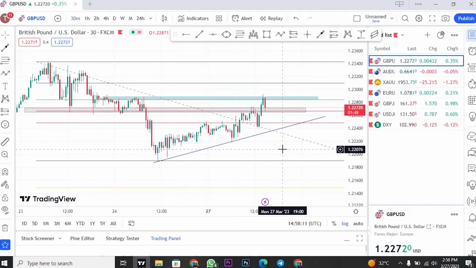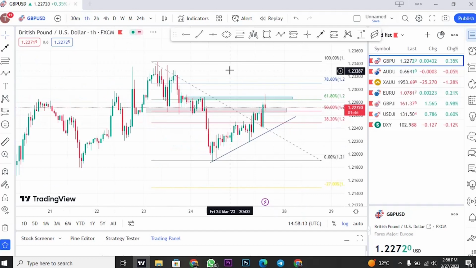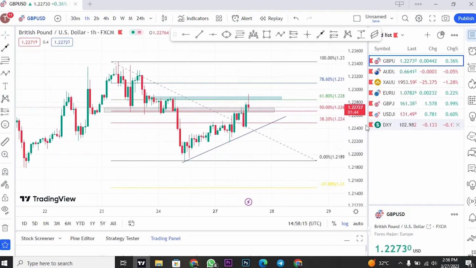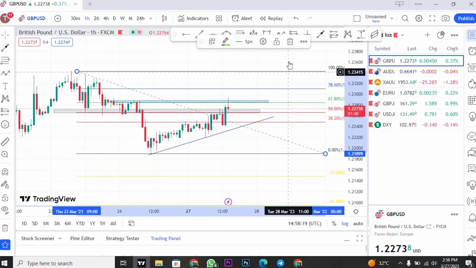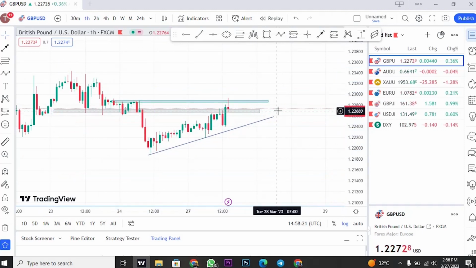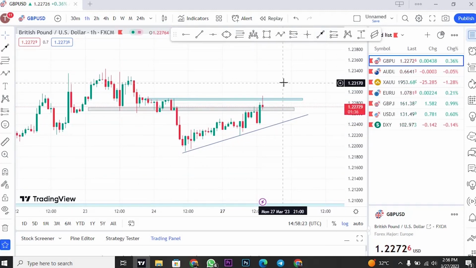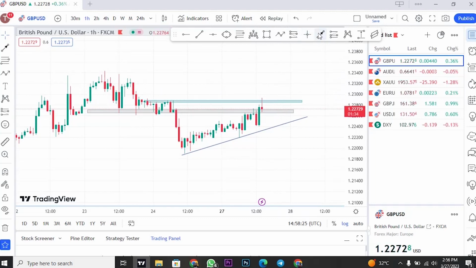So that's why I've now gone back to the H1 time frame, waiting for this H1 time frame to close very nicely, giving me a nice engulfing candle. Now I can see price is currently rejecting the 60% retracement level.